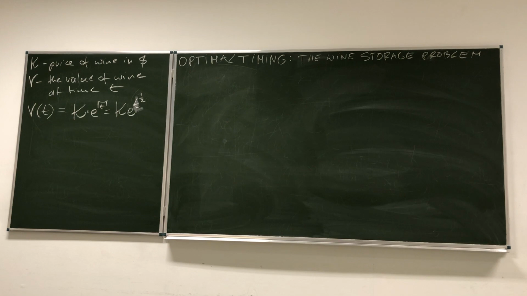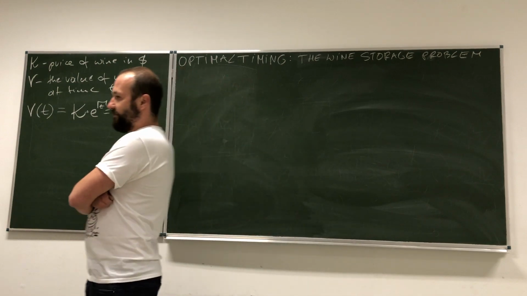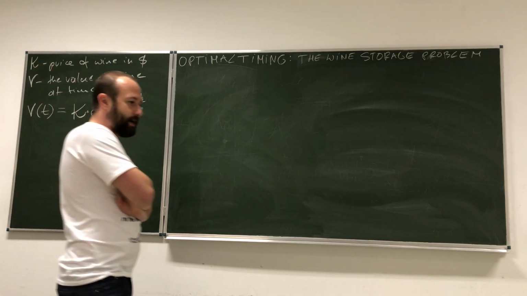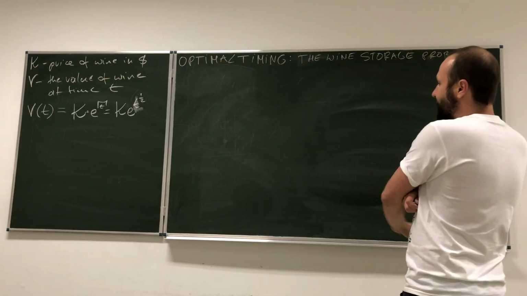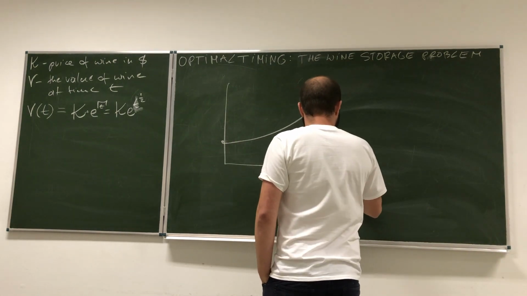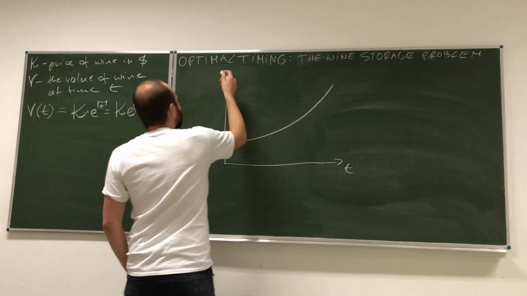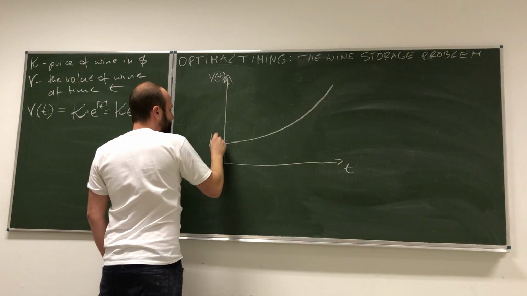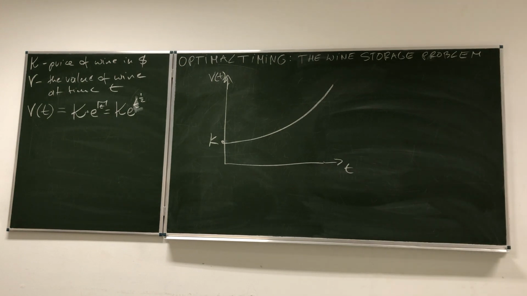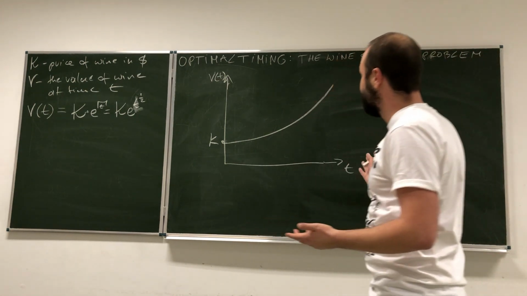But look, if we do not have the cost of storage, the question that we now have is, at which time should I sell the wine? Well, from the graph over here, we see that the value of this wine is growing with time. So, generally we know that the value of this wine is not going to stop growing, right?